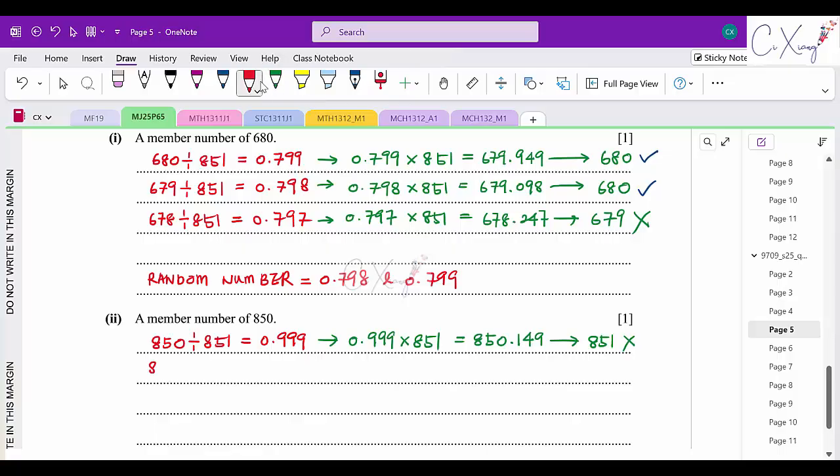Then I try to check the previous number, 849 divided by 851. I got 0.998. Then I take 0.998 multiplied by 851.